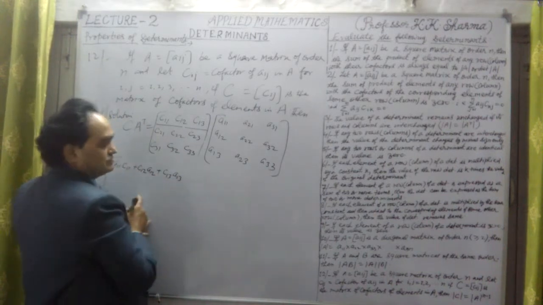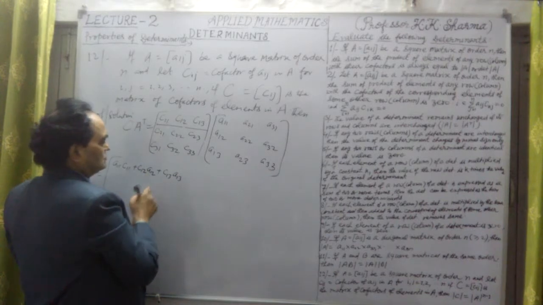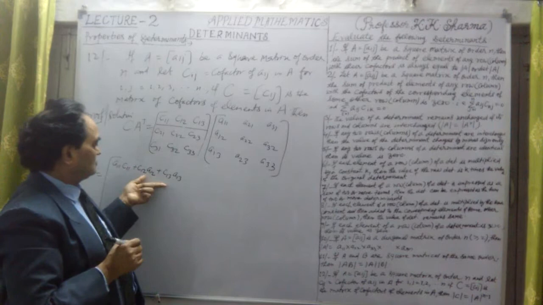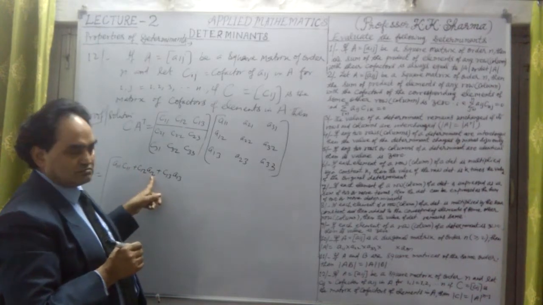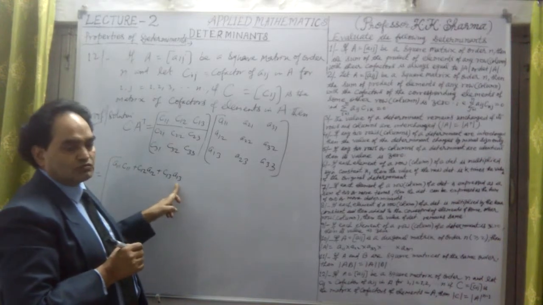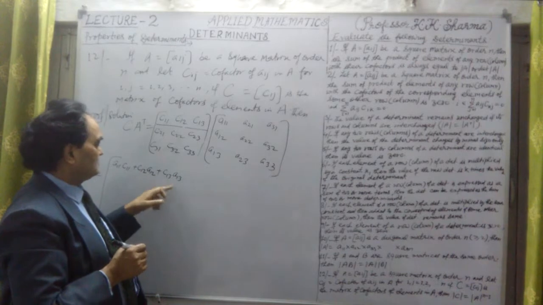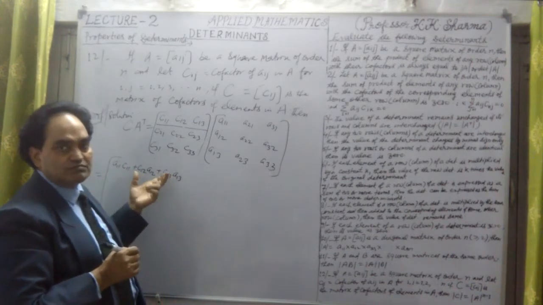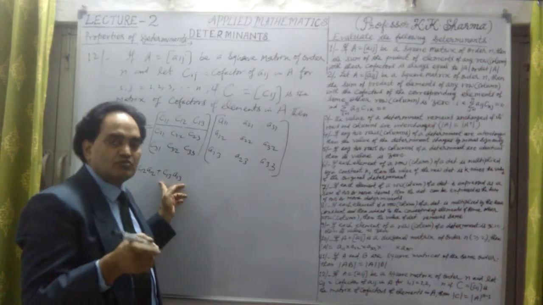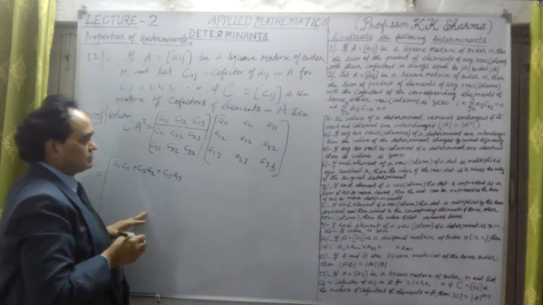This is the first element. Here C11, C12 are the cofactors. We know that in terms of cofactors, this is the value of determinant A.